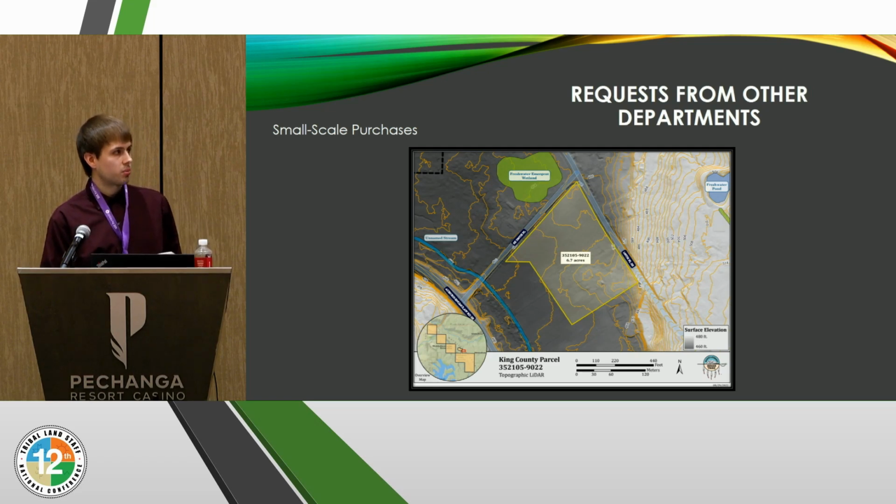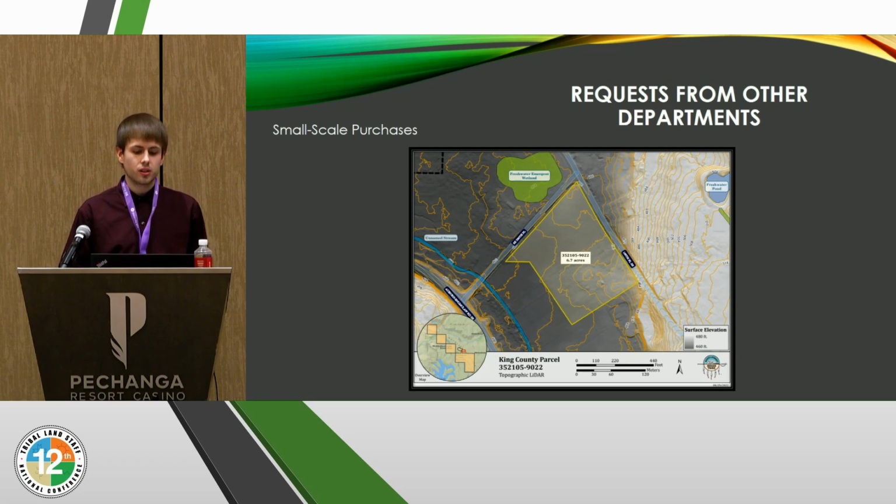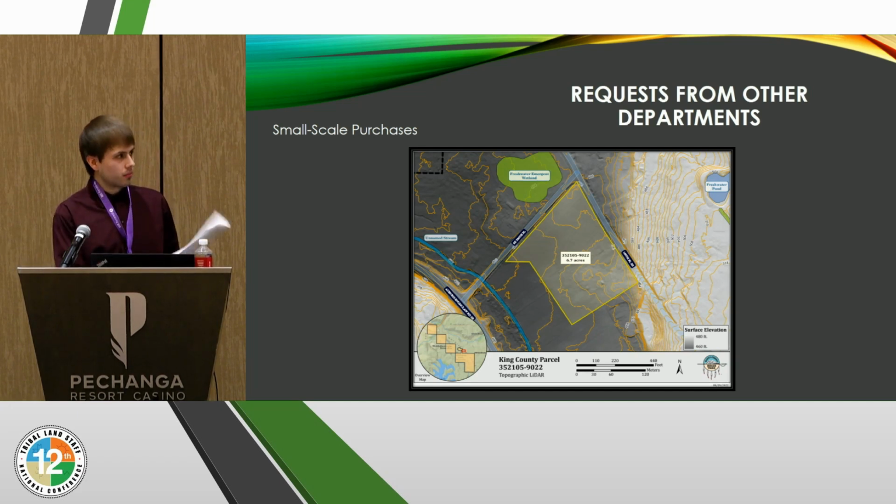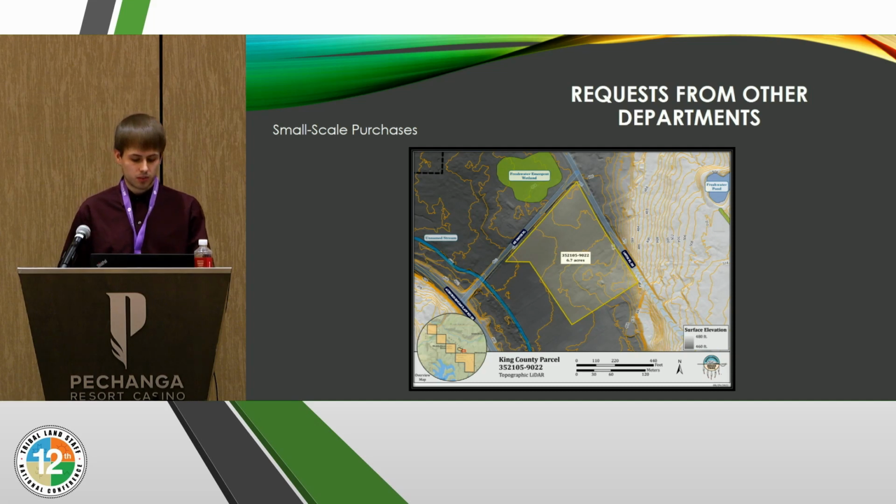So in this case, I provided some elevation and contour information to show that, yeah, this is a fairly buildable area, and there are no established watersheds or wetlands on the property. So I do this sort of map frequently to help our realty director figure out what vacant land to purchase.